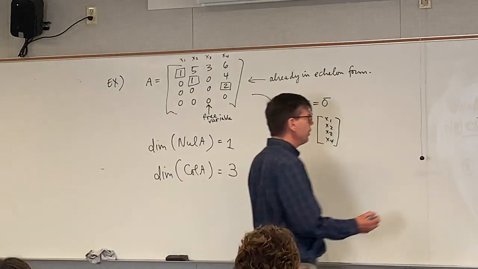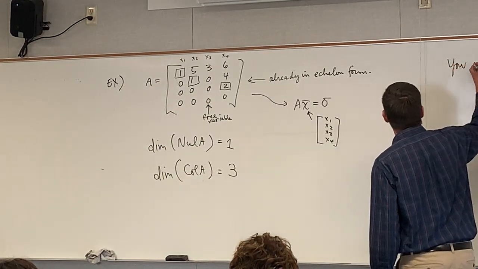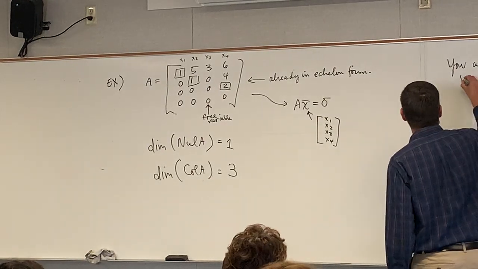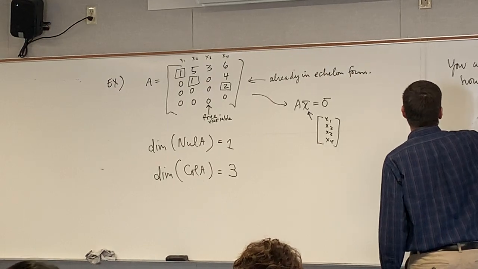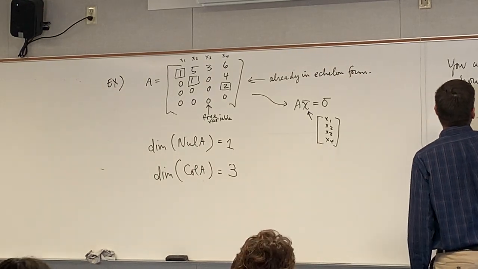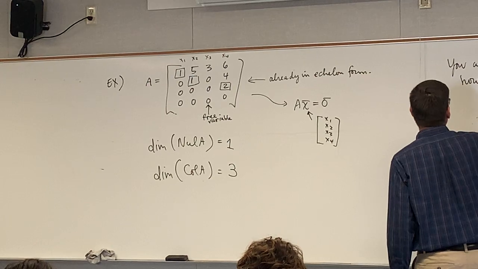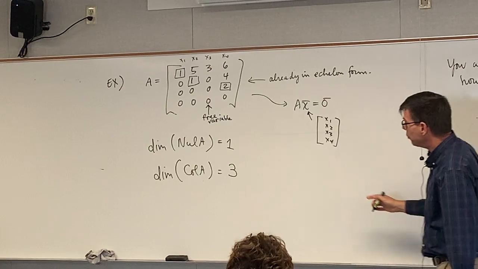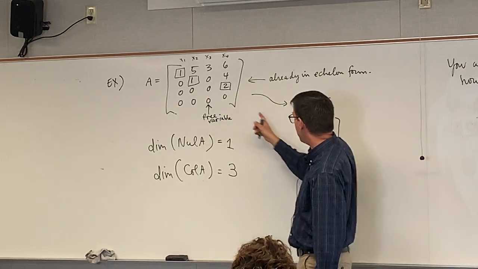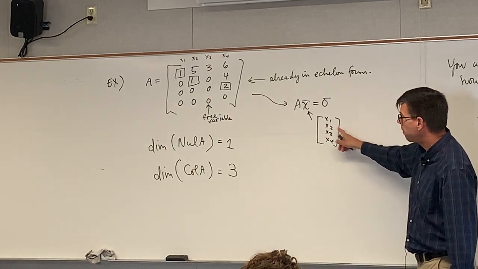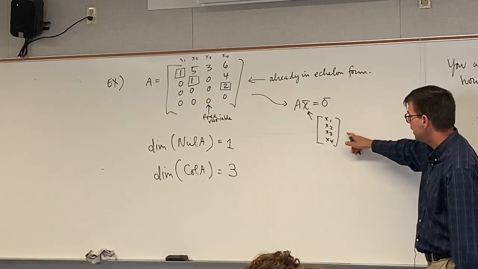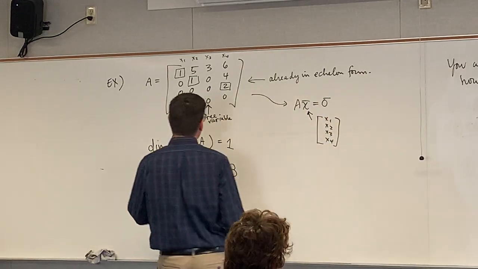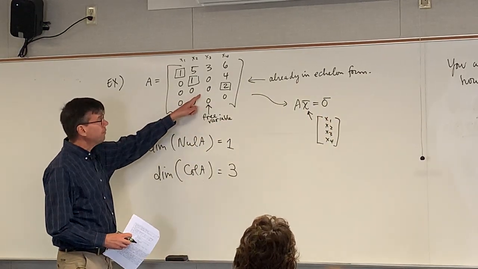So I would say you already know how to find a basis for the null space of A, right? And what you would do is you actually got to finish the process of row reducing A, and you can actually work right from this form.